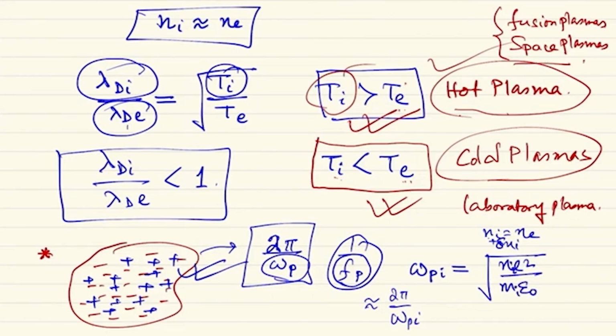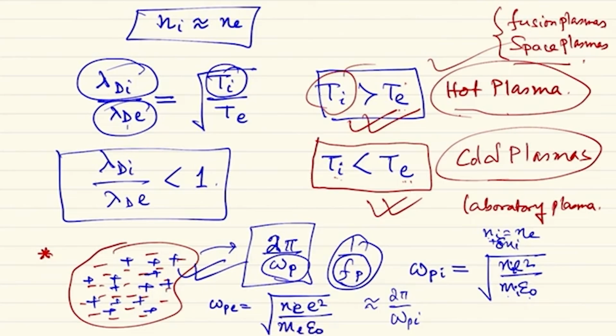Here e is the charge, Ni is the number density for the ions, Mi is the mass of one ion, and epsilon 0 is the free space permittivity. Similarly, omega pe is root over Ne e square by Me epsilon 0.